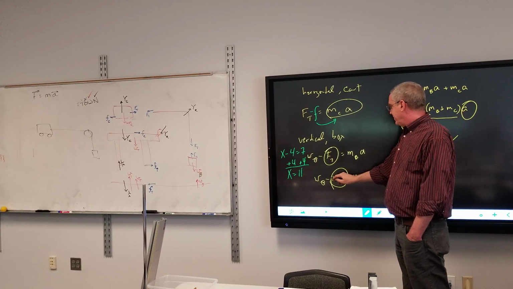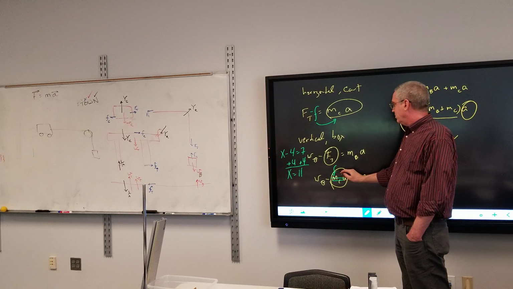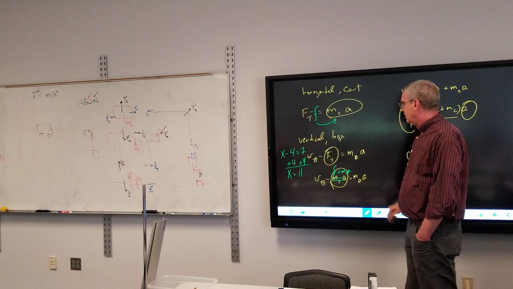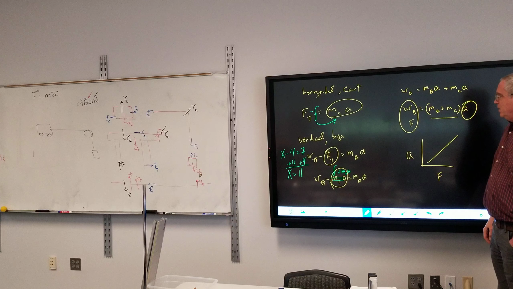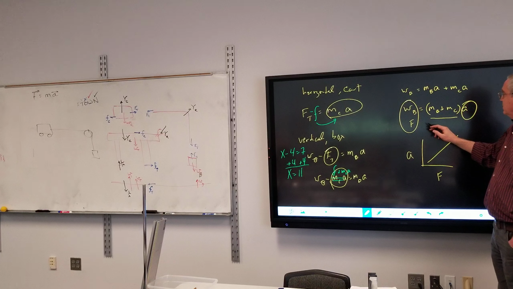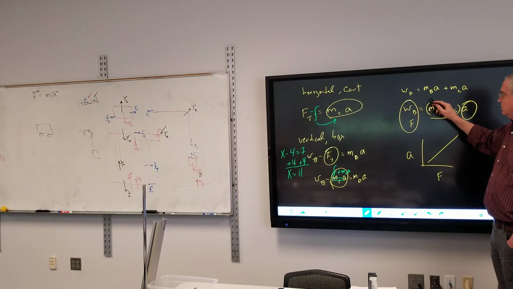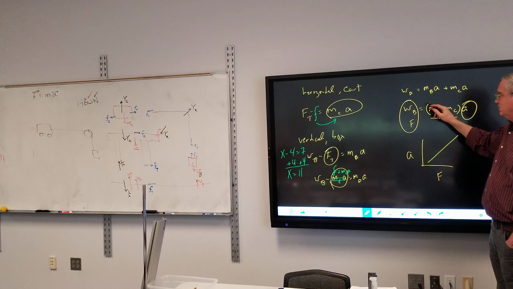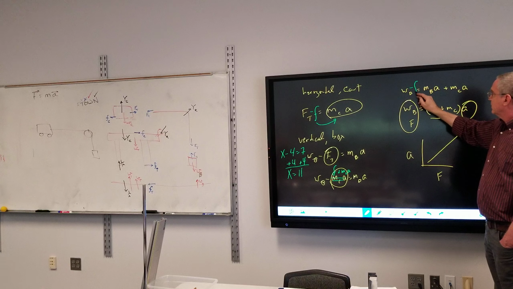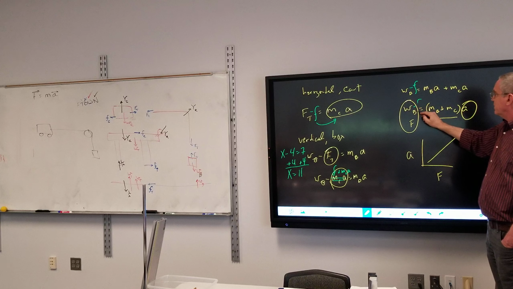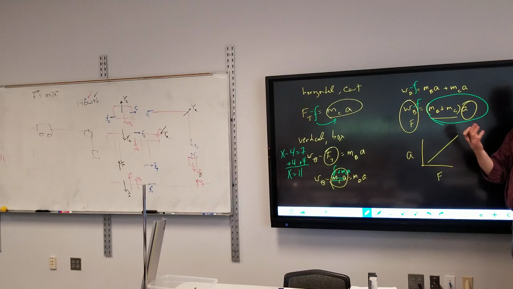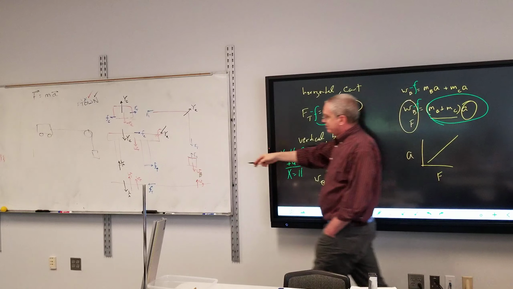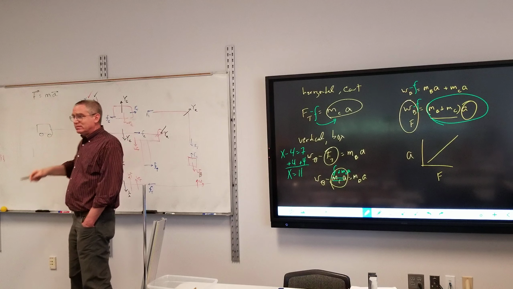And so this now becomes friction plus m_C a. I'm gonna keep that minus F there and then minus F there. So now my total mass times acceleration is the weight of the box minus this friction.